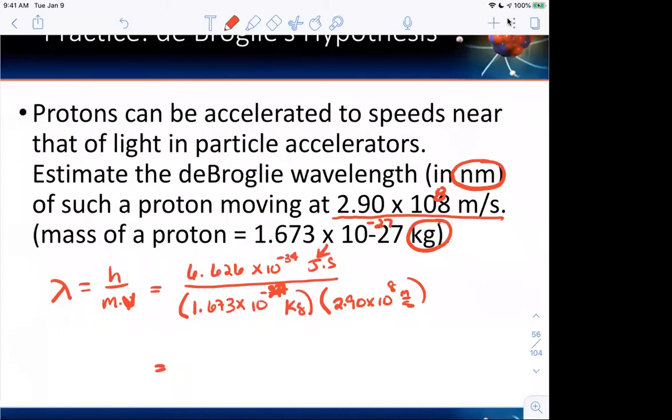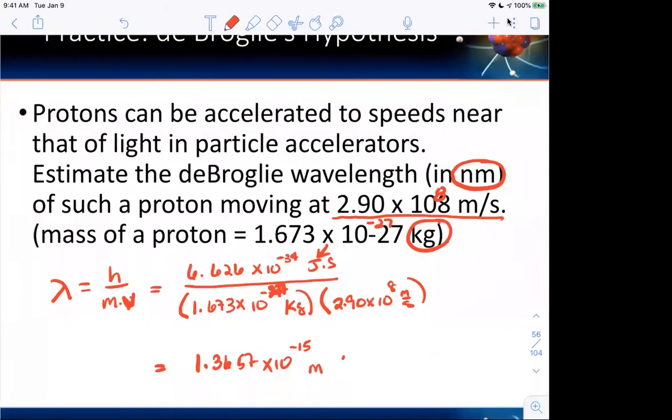And what I get is 1.3657 times 10 to the minus 15th meter. Now, compared to the size of a proton, right, that's significant.